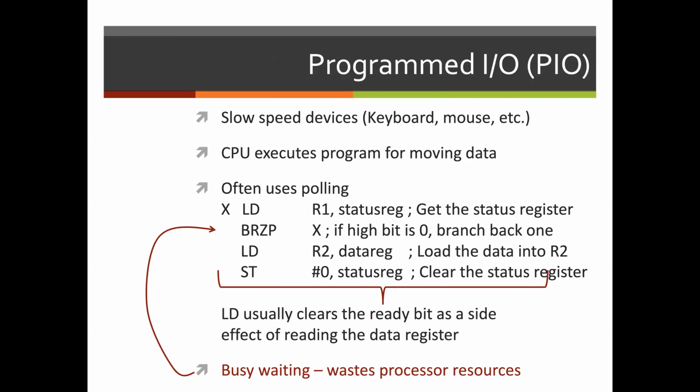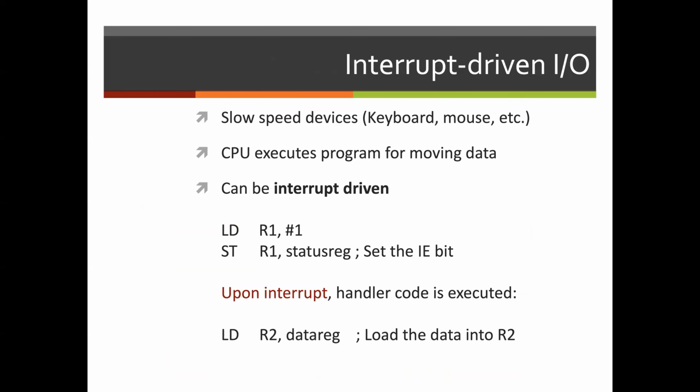But during this process, we're busy waiting, which can also waste processor cycles. And so what we can do is have this be interrupt driven, and upon an interrupt, the handler code is then executed.